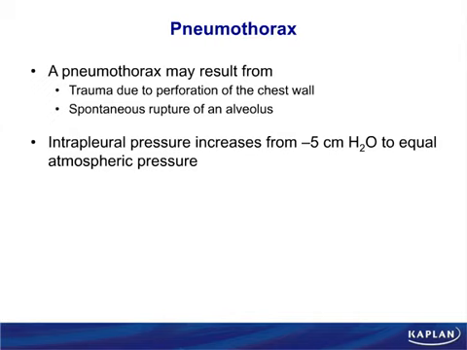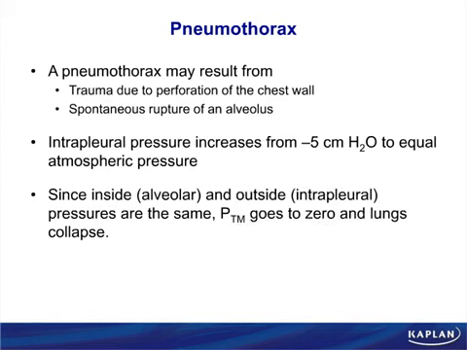The reason is because there's a pressure gradient for air to flow. So once I open the chest wall and expose the interpleural space to atmosphere, air is going to flow in, and it's going to flow in immediately. And it will flow until there's no longer a pressure gradient. In other words, when interpleural pressure equals atmospheric pressure. Well, since alveolar and interpleural pressures will be the same, they'll be atmospheric, the transmural pressure goes to 0 and the lungs collapse.